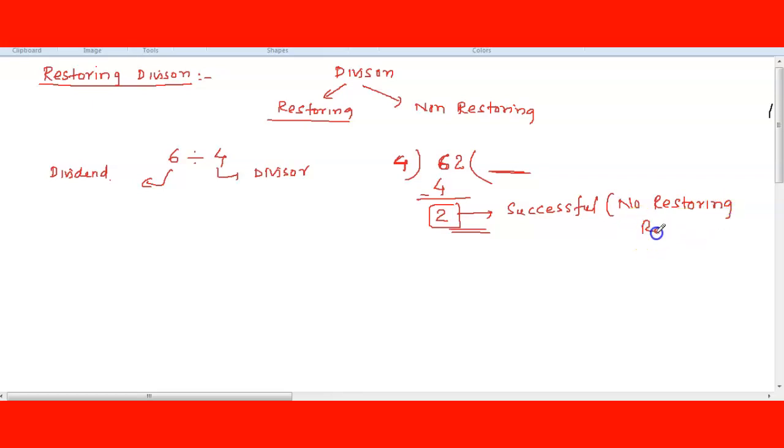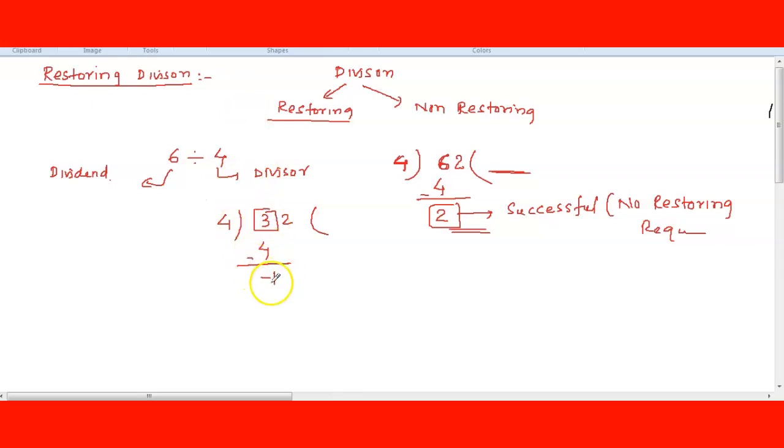But consider if you are given 32 divided by 4. The first left value of the dividend is 3, and if you subtract 4 from it, we get a negative value, minus 1.